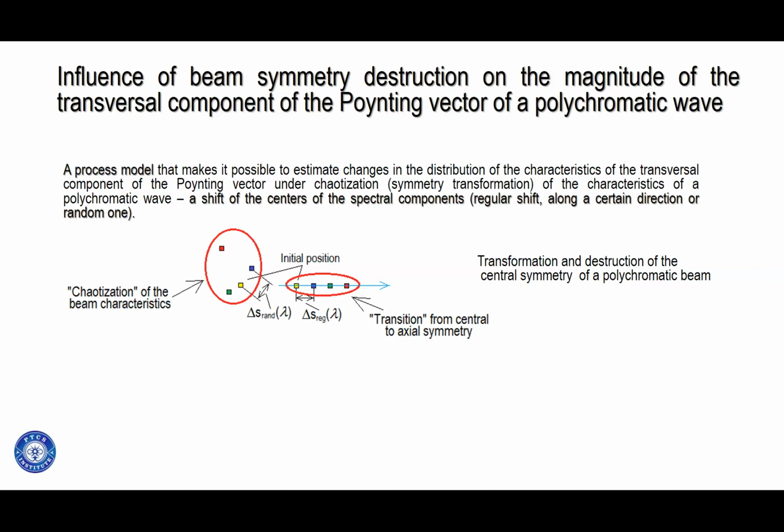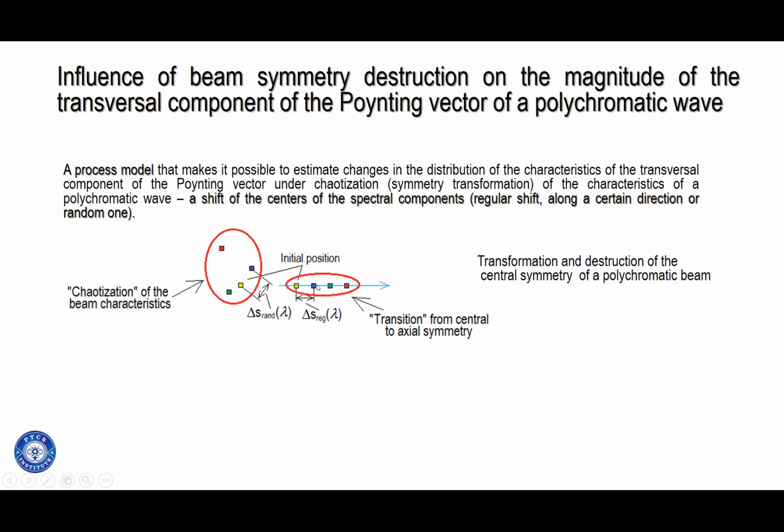Therefore, as a working model that allows us to identify changes in a polychromatic wave due to the destruction or transformation of symmetry, we have chosen the following. We considered the shift of center singular points of spectral components relative to their initial positions.